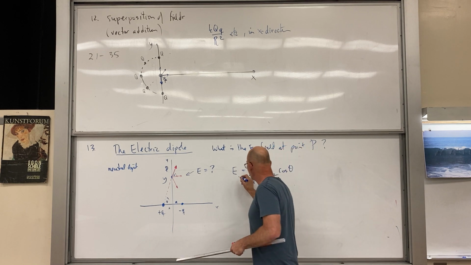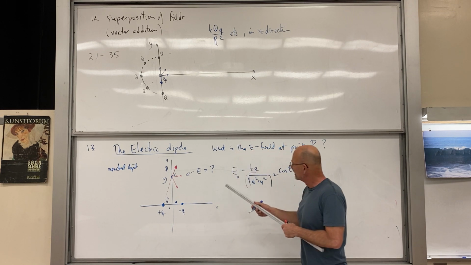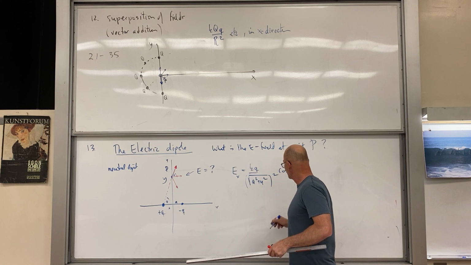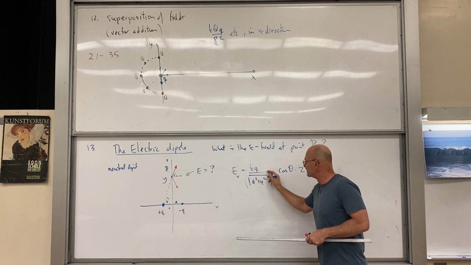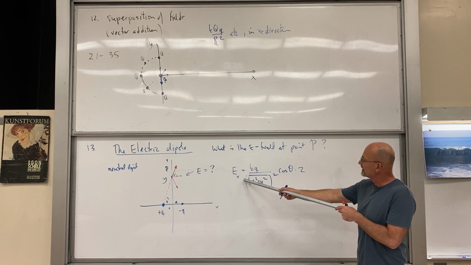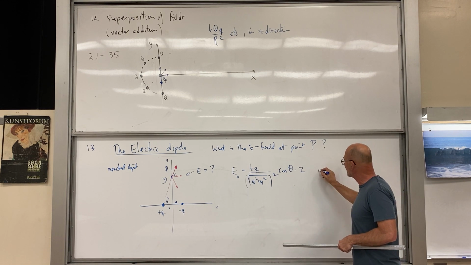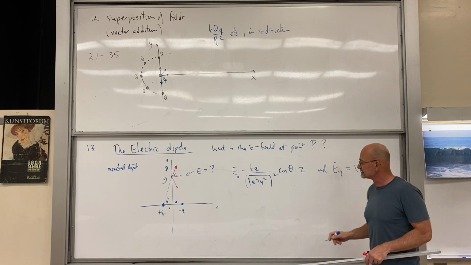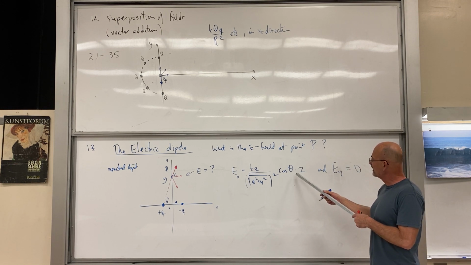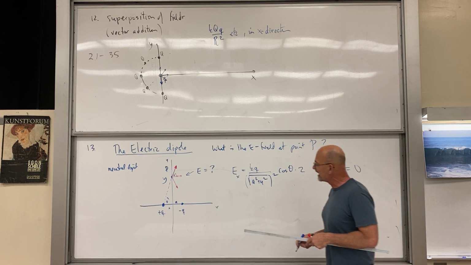So this is going to be E sub x times 2. I'm just constructing the thing right now, so we're fine. So the E sub x is that, and of course E sub y cancels out. So the question is, what is the cosine of that angle there?